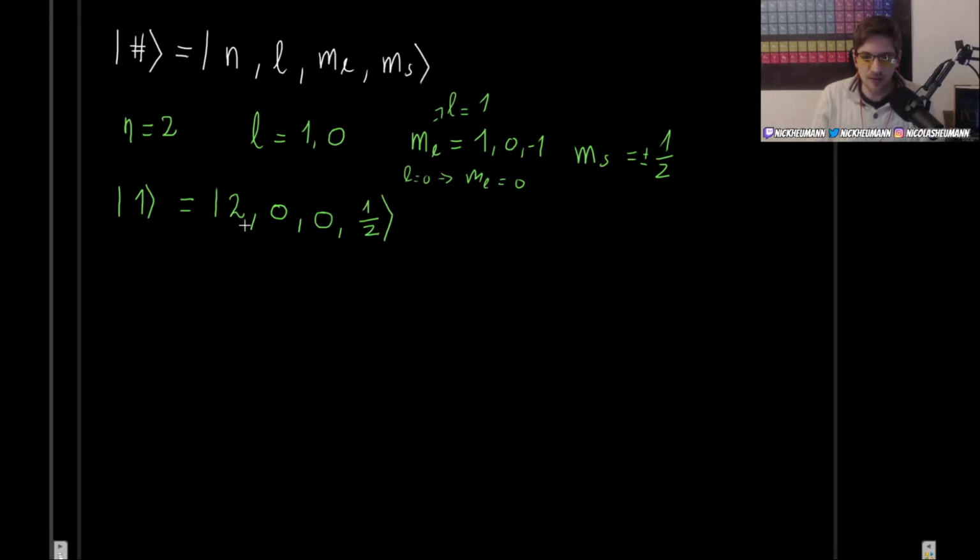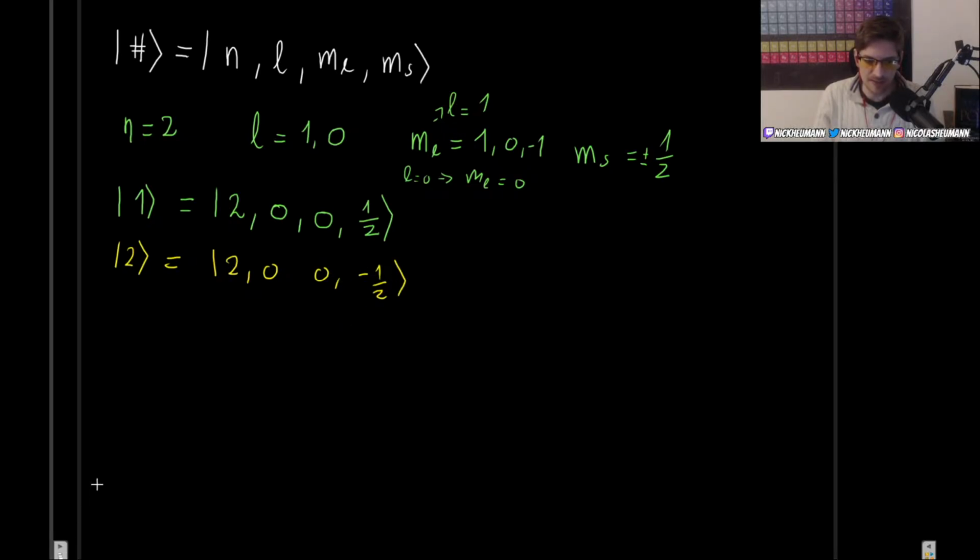Maybe let's just write all of our states down first, and we will find the energies later. So let's go for state number 2. This would be 2, 0, 0, and -1/2.